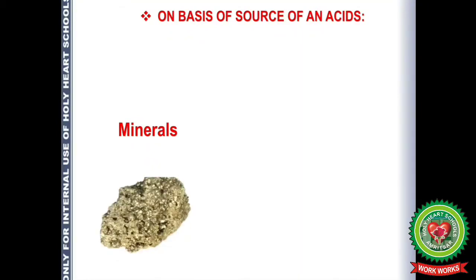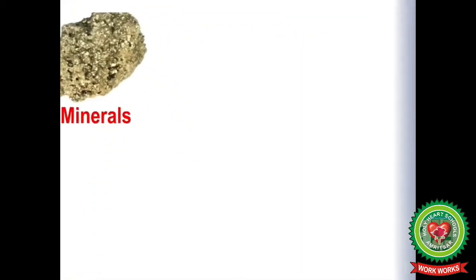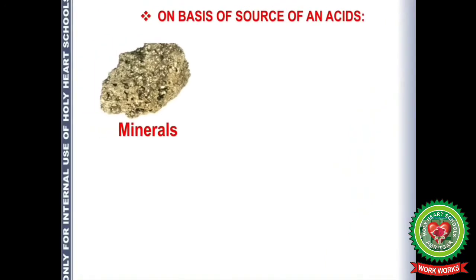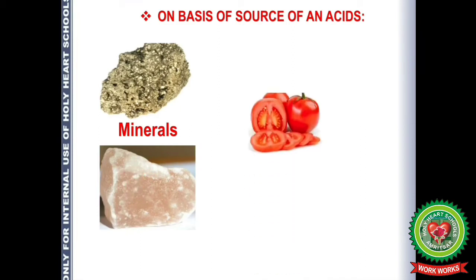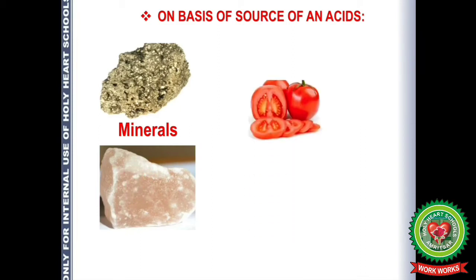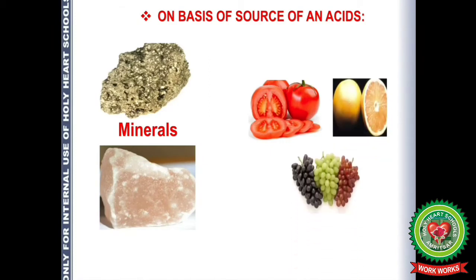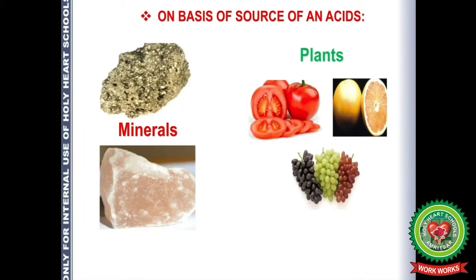On the basis of the sources of acids, first take minerals as a source. When we take minerals like iron pyrites and rock salt, from iron pyrites we know that sulfuric acid is produced, and from rock salt HCl acid is produced. Let's take another example, rather than minerals: tomatoes, then citrus fruits like orange, grapes.